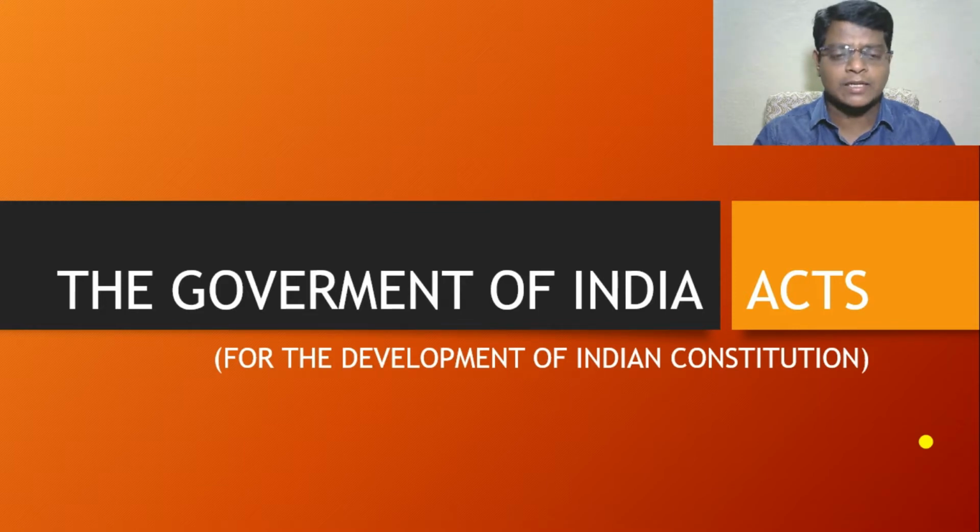And before going to that, we have to refer to the many acts passed by the Britishers from the beginning, starting with the 1773 Regulating Act. This is the first and foremost act formulated by the Britishers to introduce some reforms in India. Then afterwards, the 1784 Pitt's India Act, with which they modified some of the reforms already introduced by the 1773 Regulating Act.